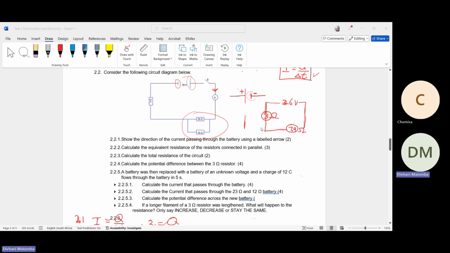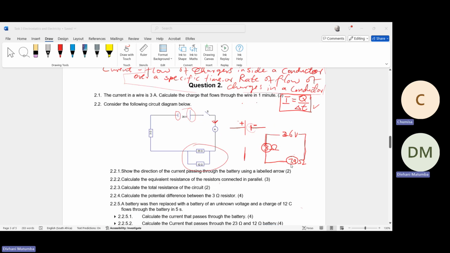So that's what we did. Then we found the equivalent resistance, which turned out to be 7.5. You remember? Yes, sir. Then from there, we have a circuit that is in series. Do you see that? Yes, sir.